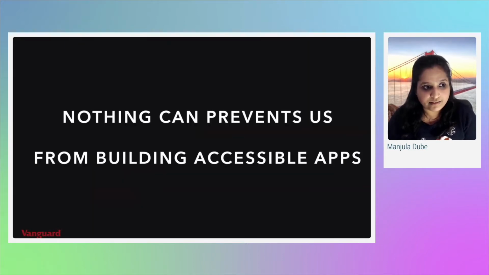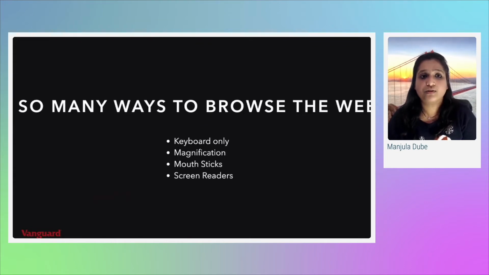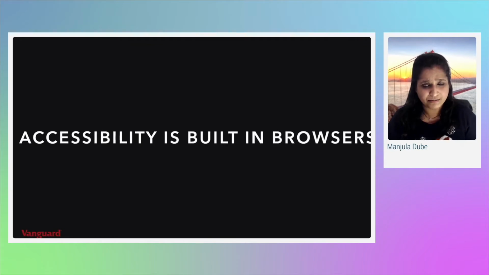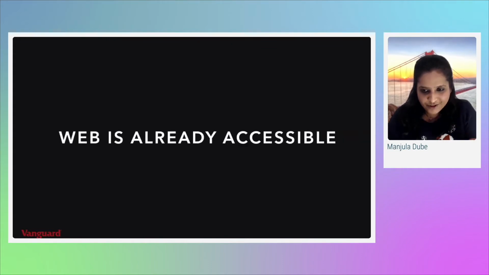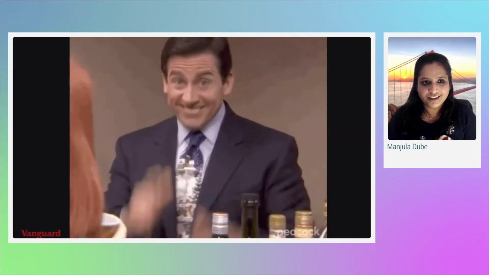And nothing can prevent us from building accessible apps, which means there are so many ways to browse the web: keyboard, using magnification tools, mouse stick, or screen readers. So that means accessibility is already built in your browsers. And the web is already accessible, right? So, which means it's your job to do it.